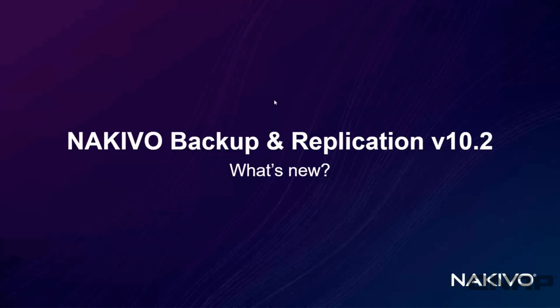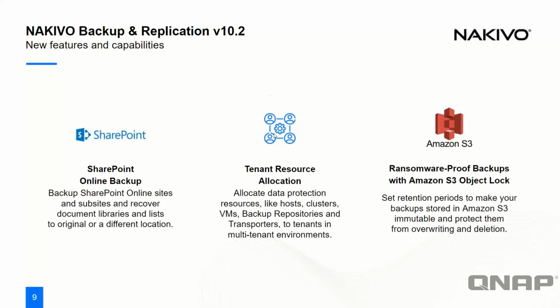So what's new in the latest version, 10.2? In version 10.2 of Nakivo Backup and Replication, we added support for SharePoint Online backup, so you can back up SharePoint Online sites and subsites and recover the document libraries and lists back to the original location or to another SharePoint site.